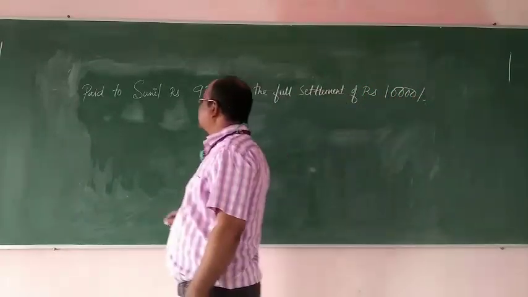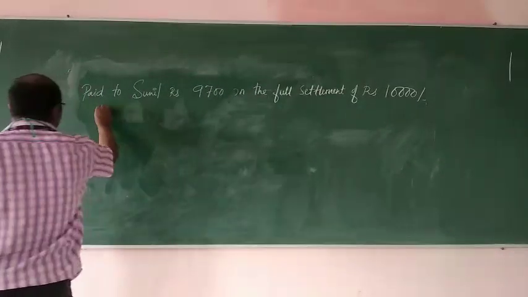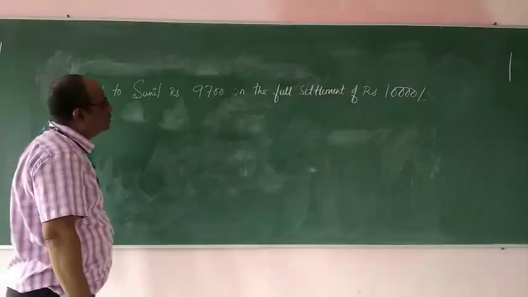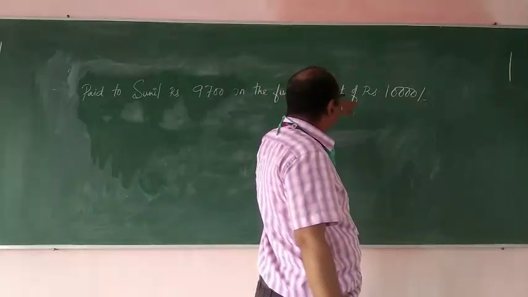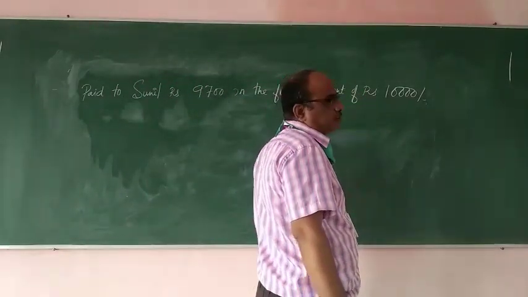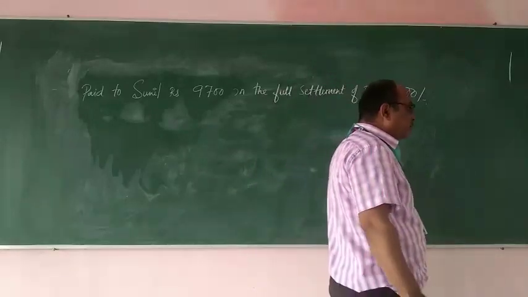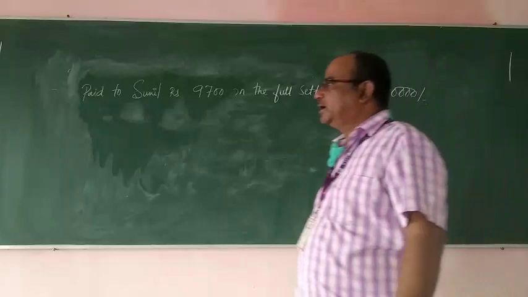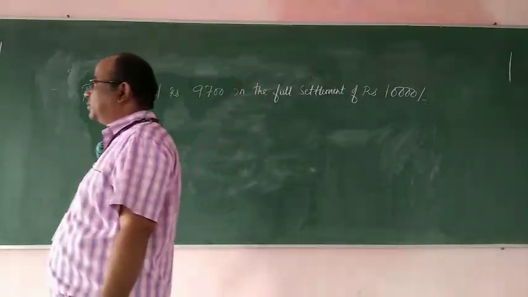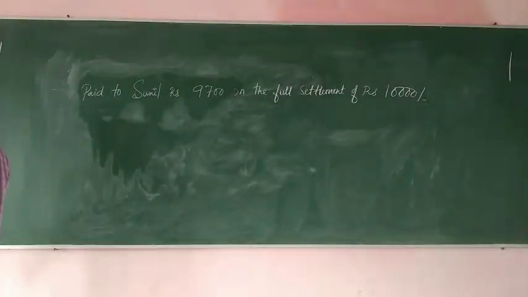So this is also the same. What he is saying here is paid to Sunil how much? 9,700 against the full settlement of rupees 10,000. 10,000 you are supposed to pay, but you are paying how much? 9,700. So it is implied that the 300 rupees difference amount will be considered as what?